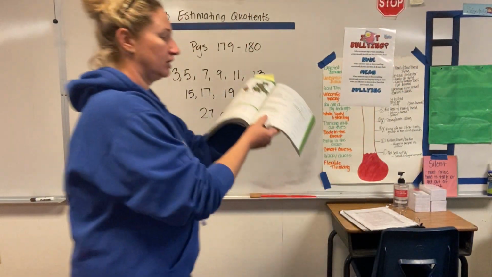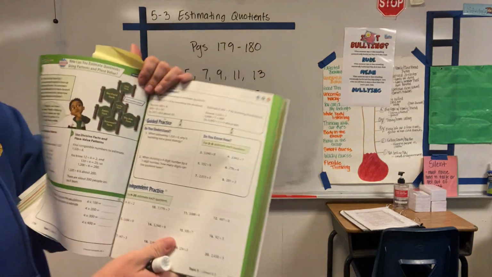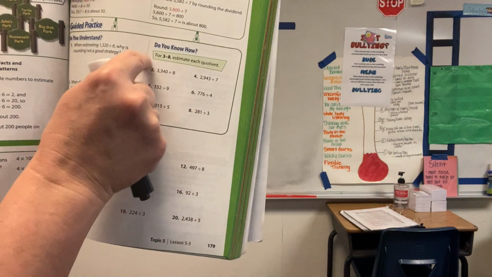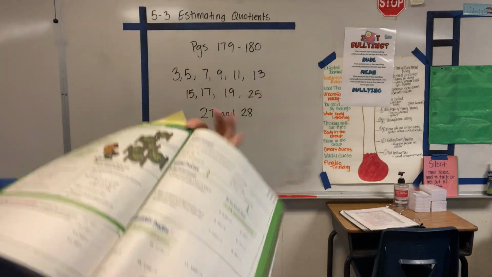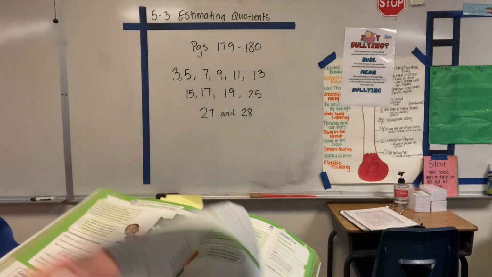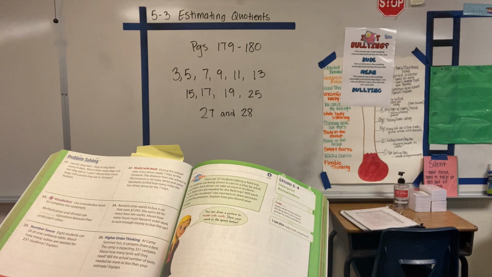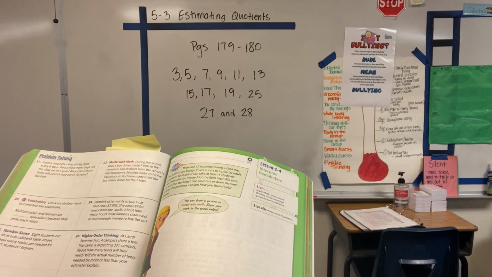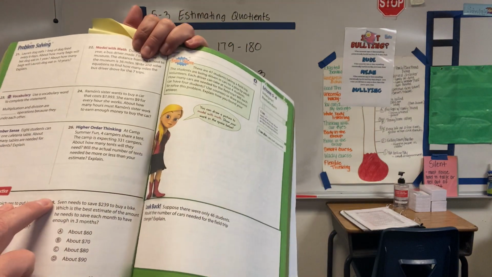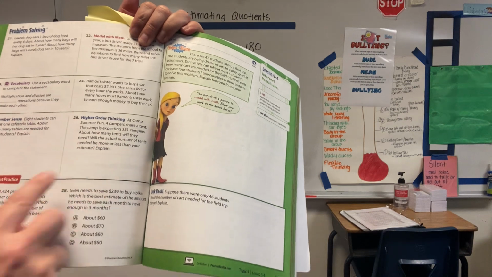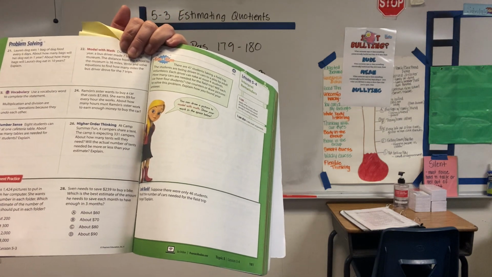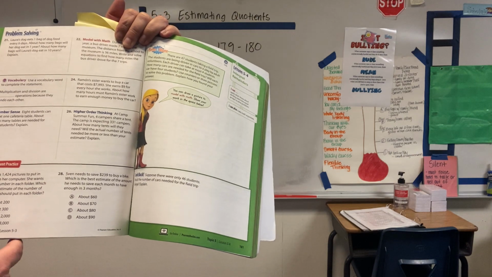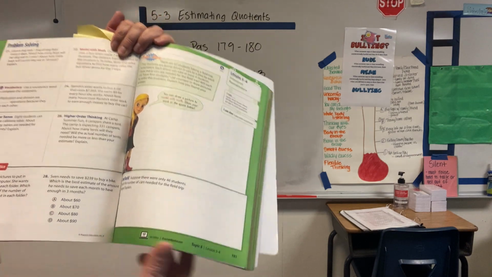So it's all odd problems. Then on the back, it's 25, 27, and 28. So these are all using the division, estimating the quotients that we did today.